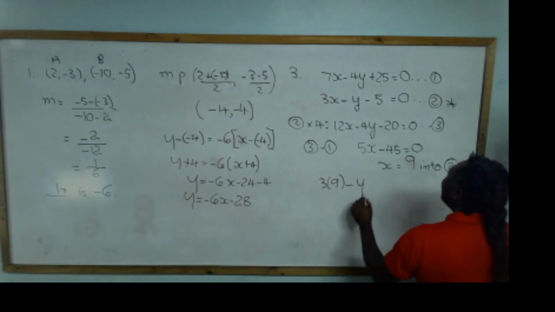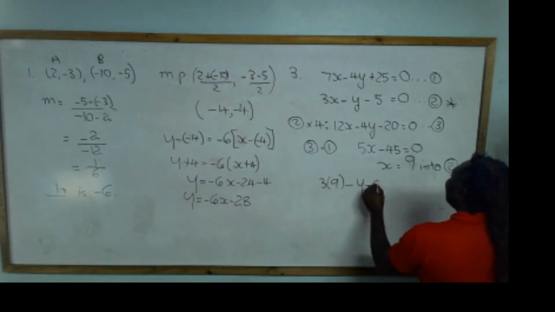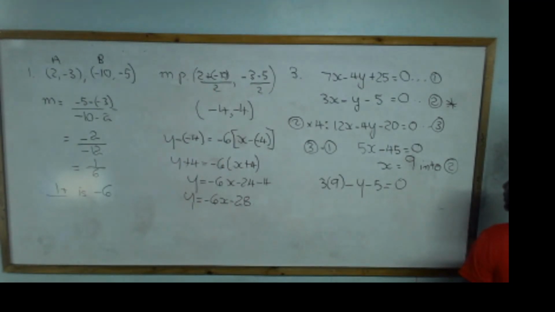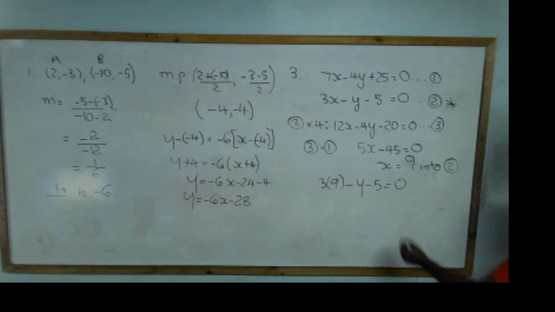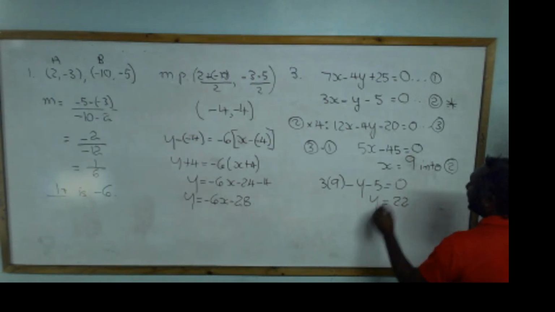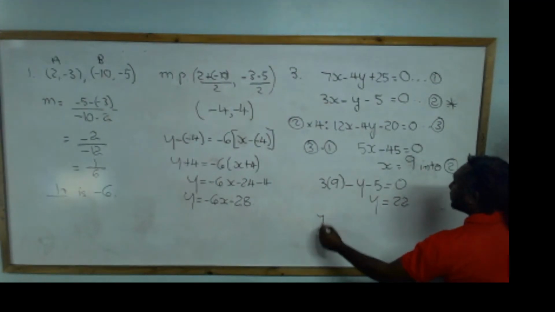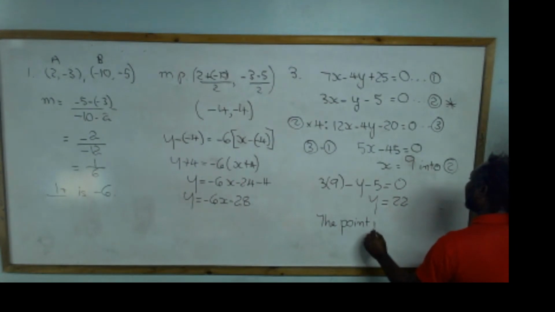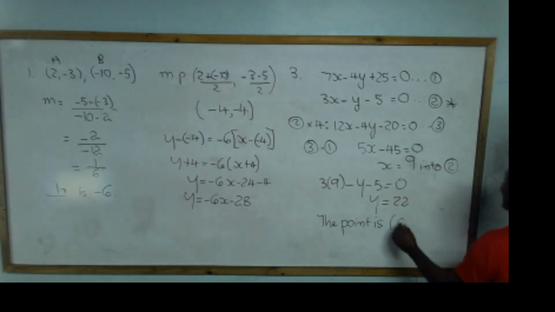Minus y minus 5 is equal to 0, right? So y is equal to 22. So they ask you for the point. So the point is what? 9, 22.